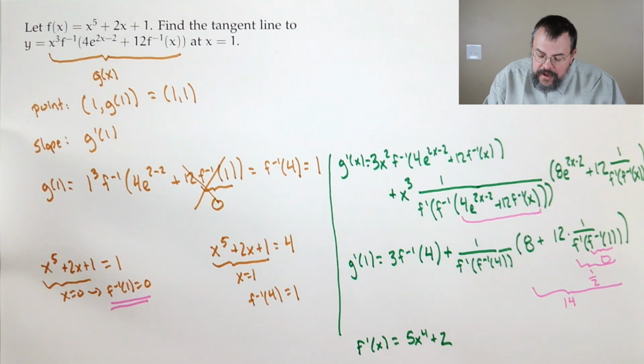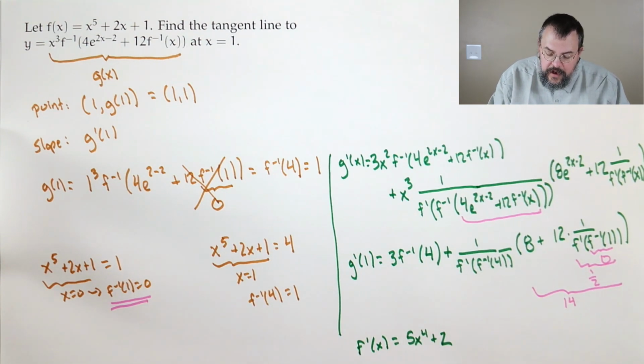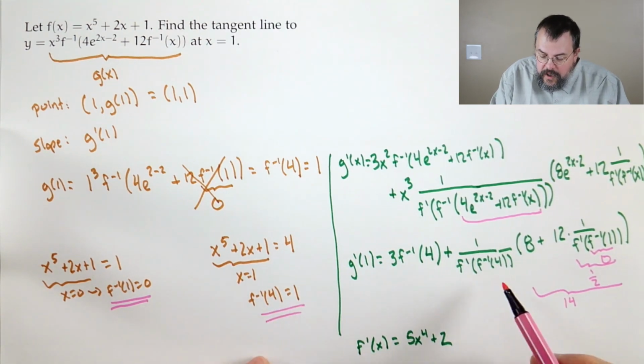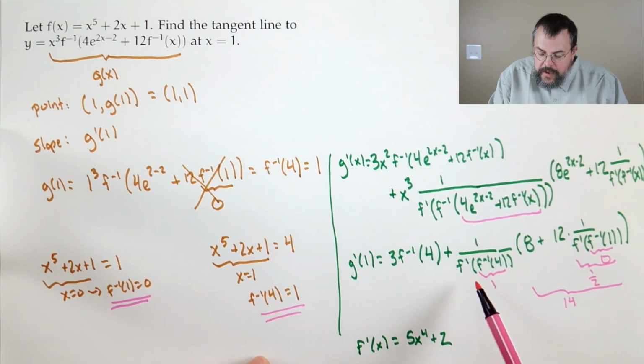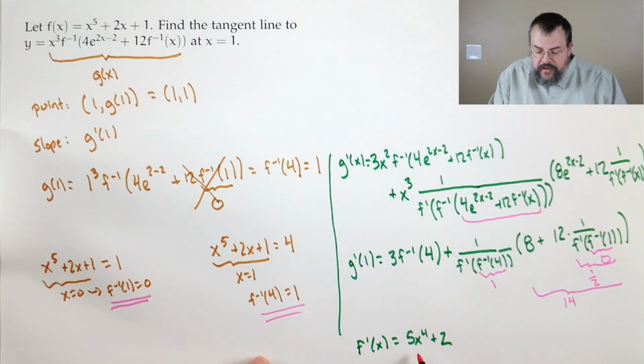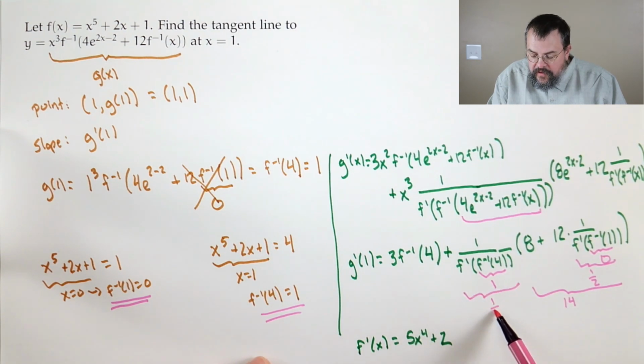On the other hand, what do we have? Well, we have 1 over f prime of f inverse of 4. We know f inverse of 4 is 1, so this part right here is 1. So what do we have? Well, it's 1 over f prime of 1. F prime of 1 is 7. See, 5 plus 2. So this part is a 1/7.